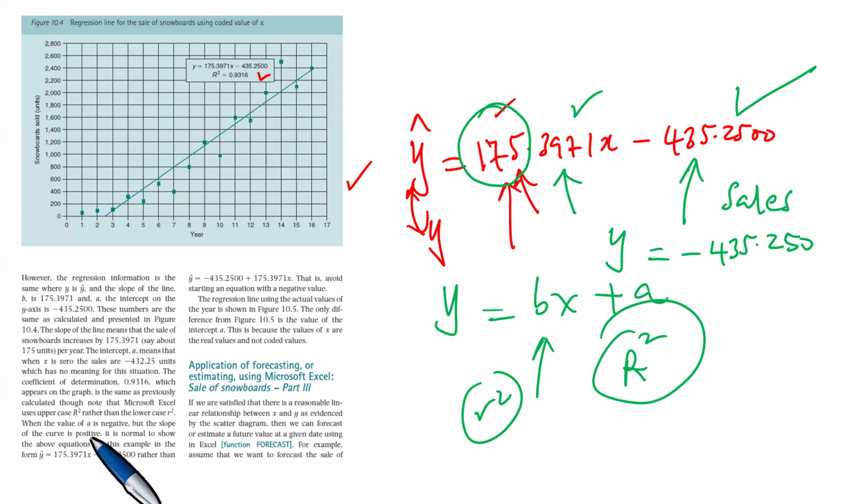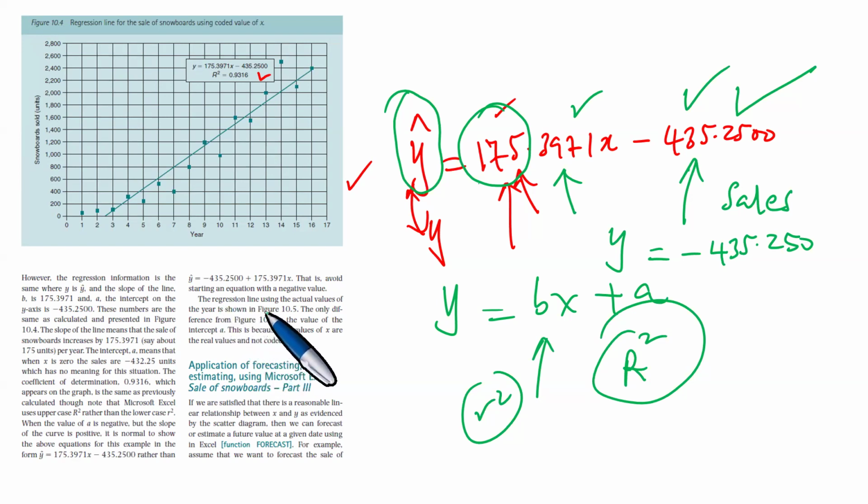You can see the value of A here because this is y equals bx plus A. The value of A is negative, yet the slope is positive. It is normal to show the equation in the form y hat rather than y hat equals minus 435 point that. That is, avoid starting an equation with a negative value.